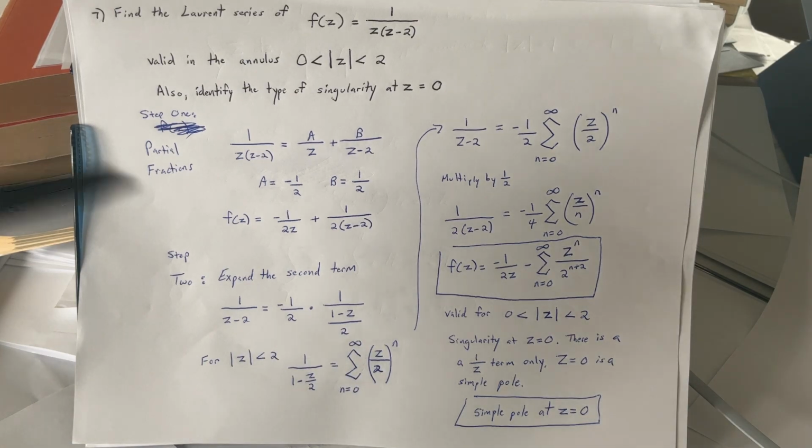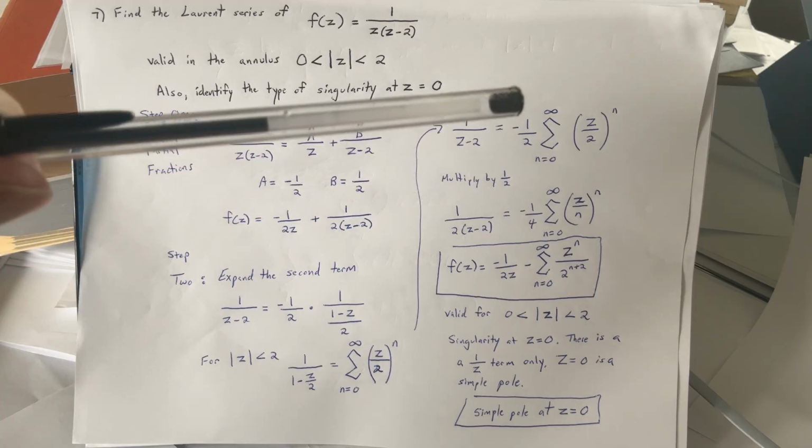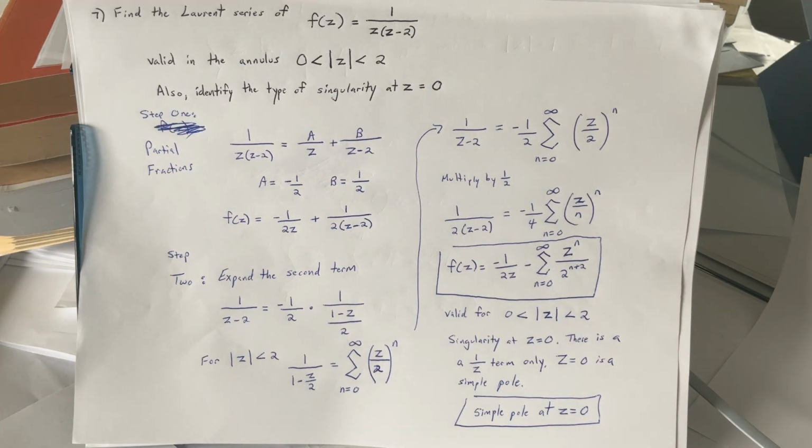Writing this up here, 1 over z minus 2 equals -1/2 times the summation from n equals 0 to infinity of z over 2 to the n.